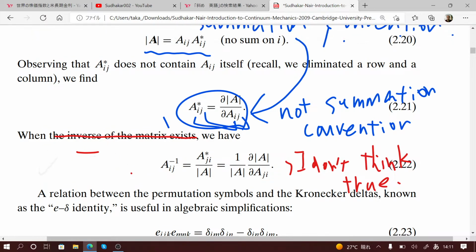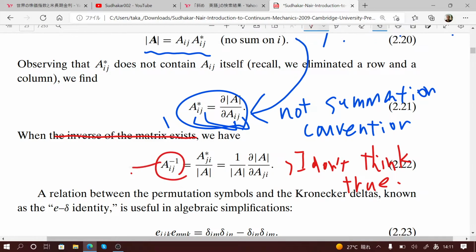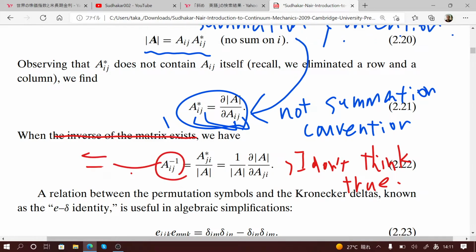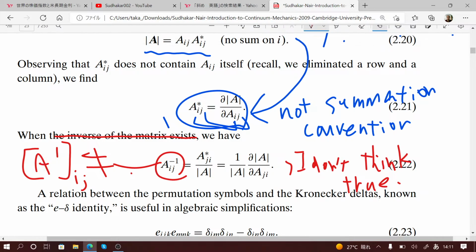So this does not mean that this is not equal to A inverse ij. This doesn't mean A inverse ij.